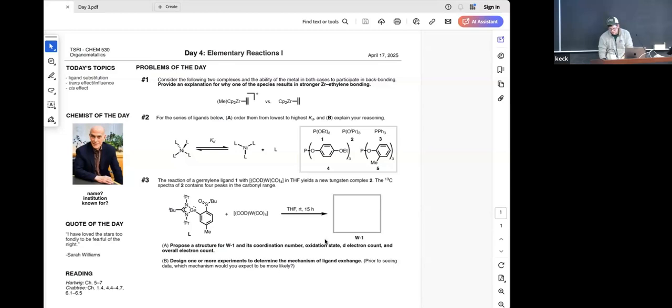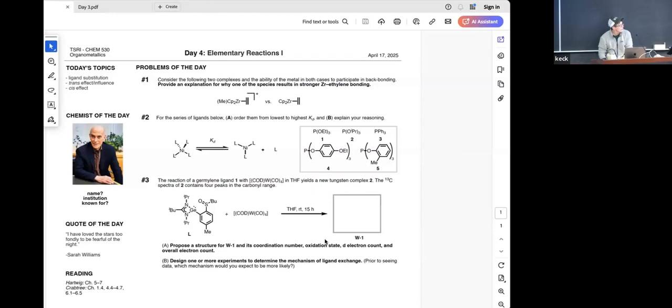And then, if that's easy for you, I would ask a follow-up question, which is how would you know, or what analytical technique might you use to test your hypothesis about which is engaging in stronger bonding?